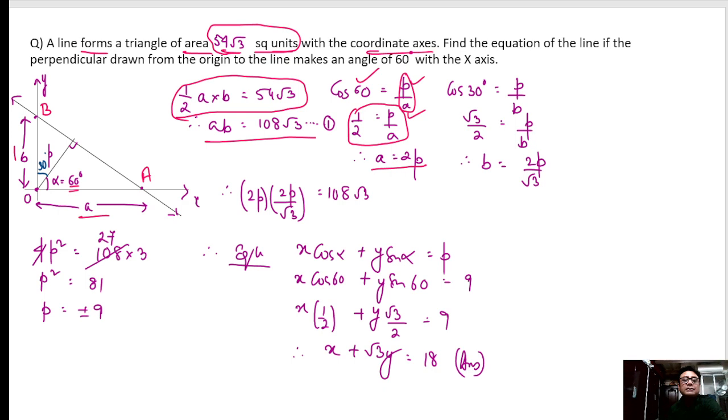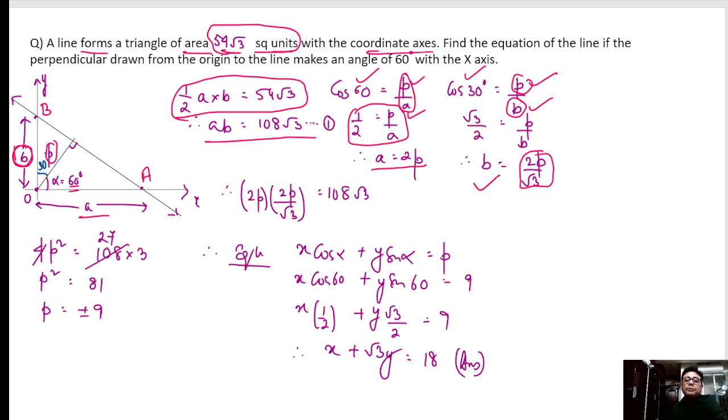Similarly, using cos 30, it is base by hypotenuse. Here the hypotenuse is the B part and this is the base. So we get B as 2p by root 3.